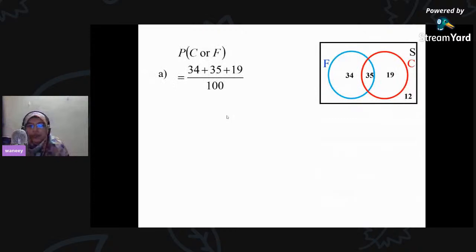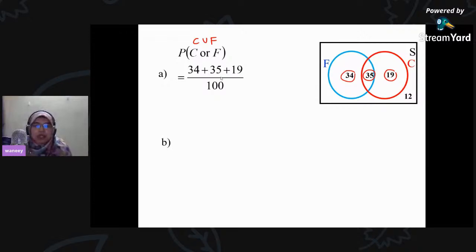Okay, so probability. Taking calculus or physics, so it will be 34. So this is C union F. So it will be 34 plus with 35 plus with 19. And then divide with the total number of students, which is 100. So 34 plus 35 plus 19 divide with 100.